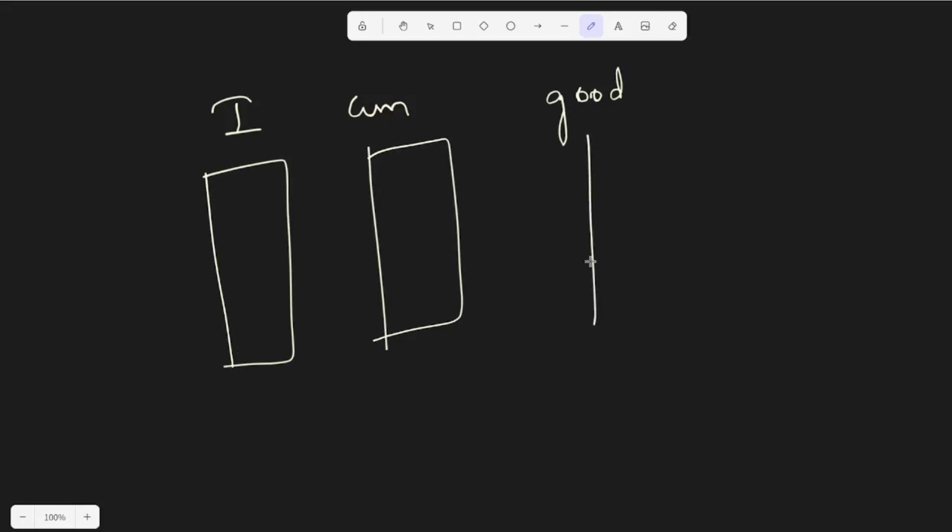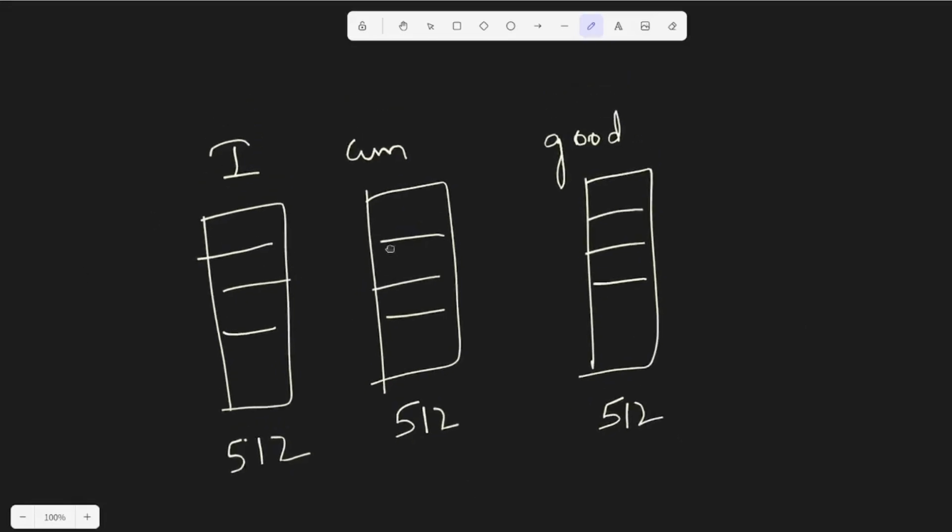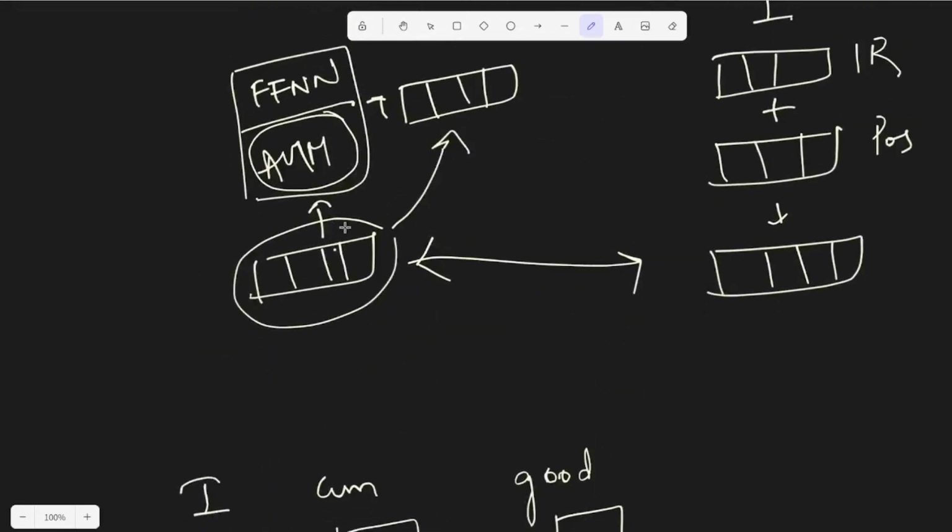Sorry for the bad drawing again, I'm getting used to this pencil. So let's say I have a vector of size 512. This is a combination of the initial representation plus the positional embeddings. Now this would be the final representation. This is what we're talking about as this.